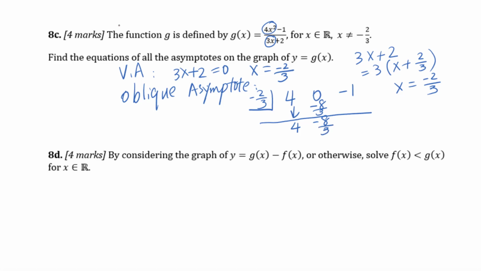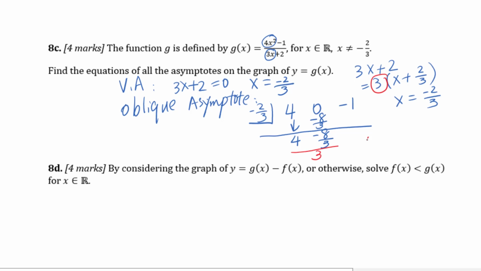Then don't forget divided by this 3. So divided by 3, we get y equals 4 over 3x minus 8 over 9. Oblique asymptotes: y equals 4 over 3x minus 8 over 9.